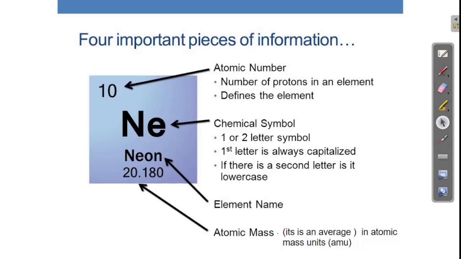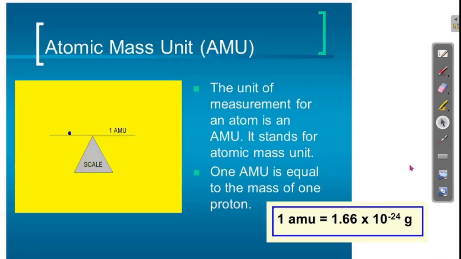Sometimes I call it amu just to go faster, but know that I'm talking about atomic mass units. More information: one atomic mass unit is the same as 1.66 times 10 to the minus 24 grams. Do you need to memorize this conversion factor? No. This is going to be given to you when you do your problems.